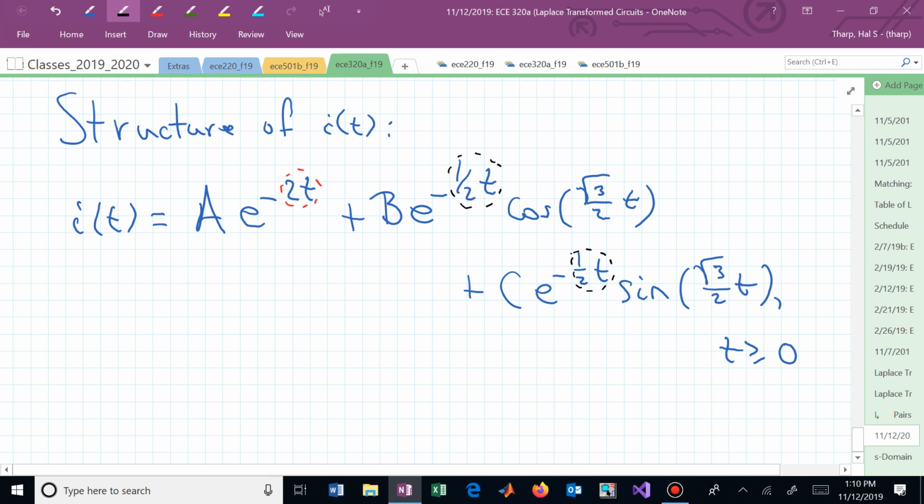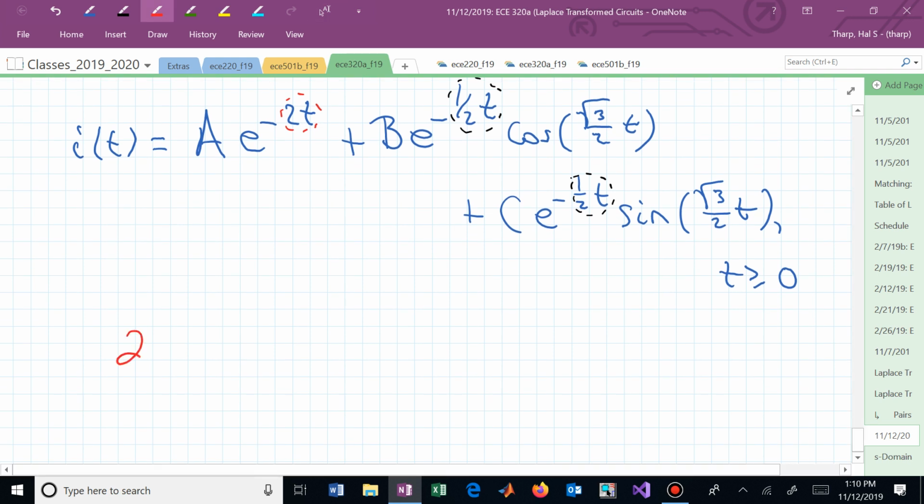We can now say, oh, one of the time constants, which I'm now in red, is 2t. What value of t, let's call it time constant 1, will that be 1? That's the definition of a time constant. In this case, that time constant, tau 1, is 1/2.